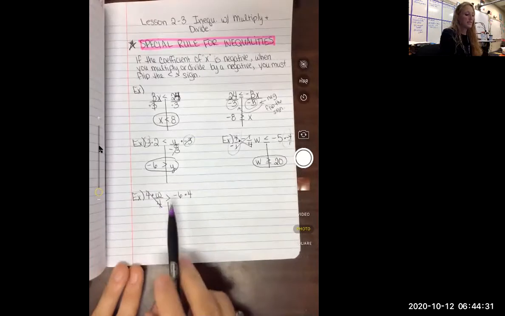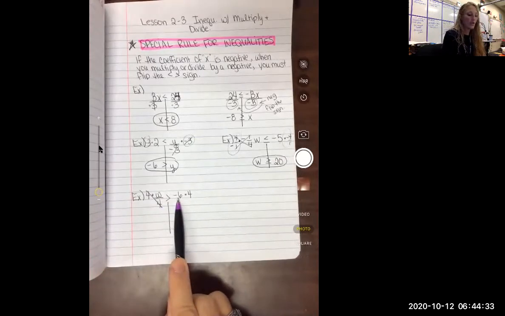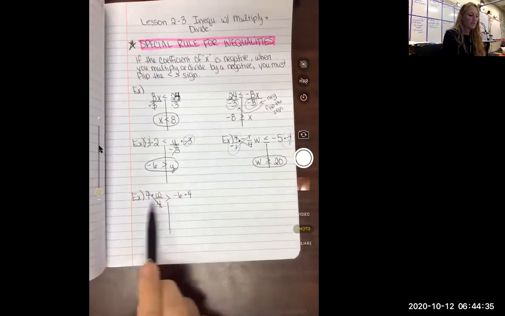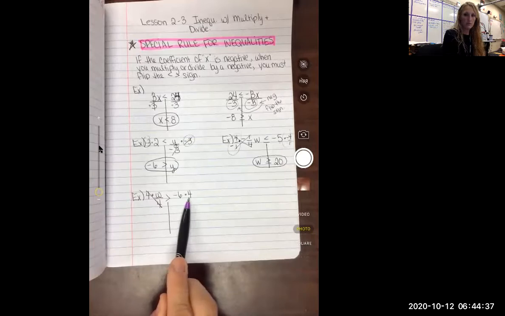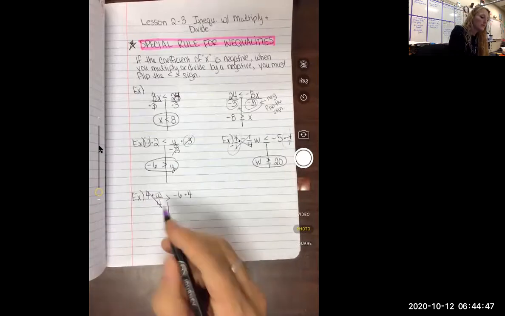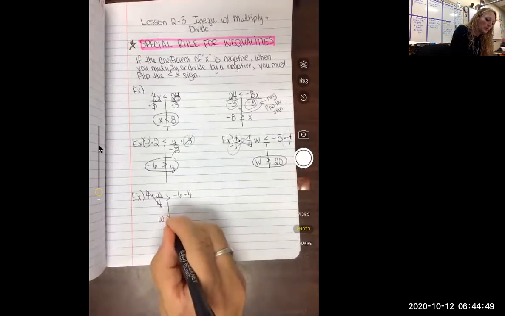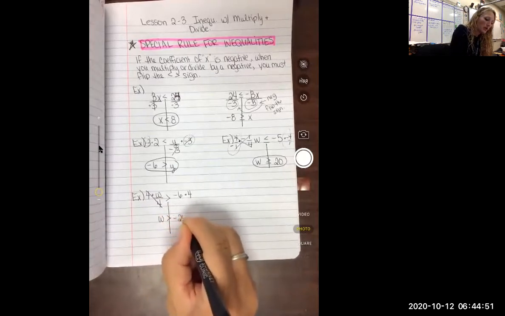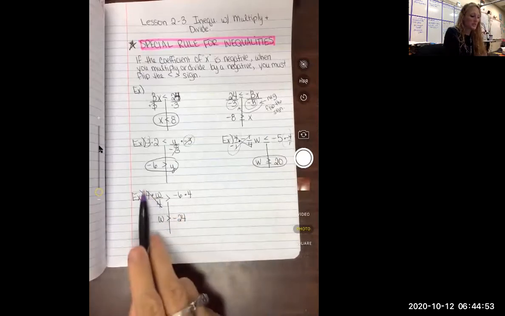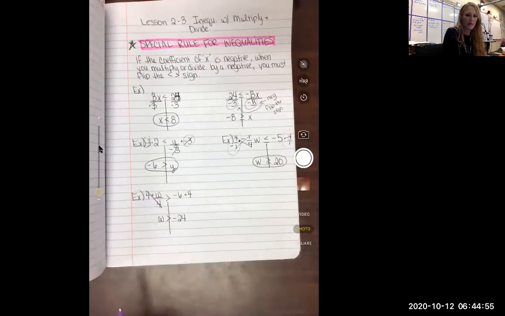So notice that even though this is a negative, we're not dividing both sides by a negative. So therefore, this does not flip the sign. This negative does not affect the sign. It's only what we divide or multiply by both sides that affects the sign. So this would be w is greater than negative 24. We're not flipping the sign because we did not multiply or divide by a negative number.